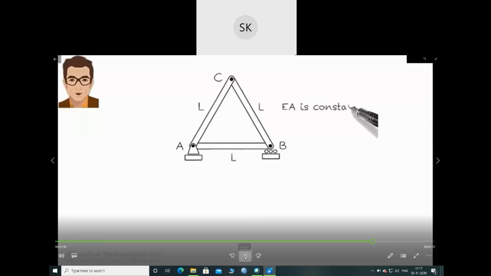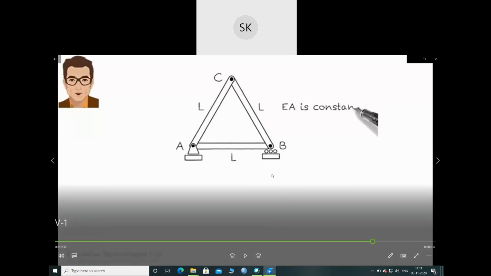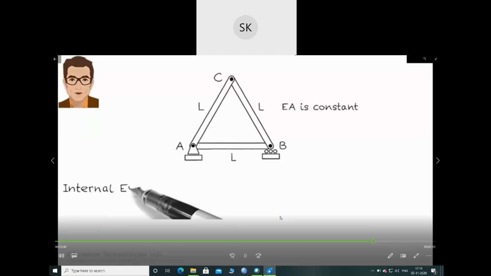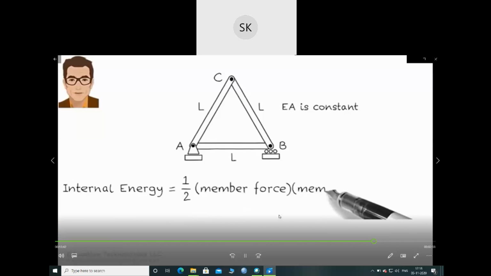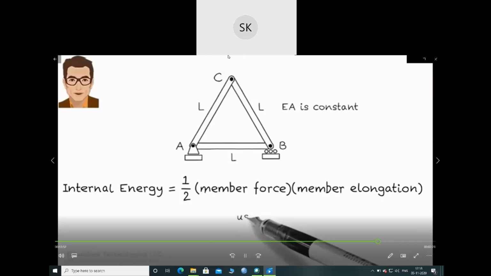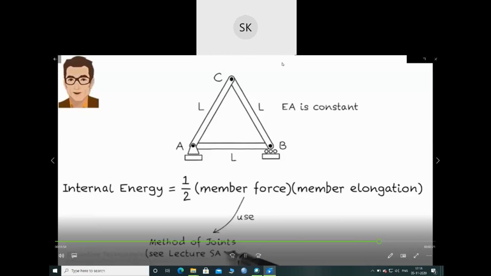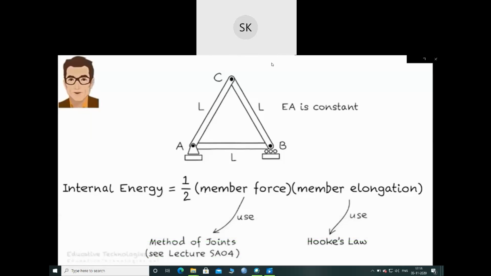We need to find the internal energy stored in each member. This theorem also applies to trusses and also to frames. To do so, we need to know the internal force in the member as well as its elongation. Since the truss is determinate, the member forces can be determined using the method of joints. And, as before, the member elongations can be determined using Hooke's law.